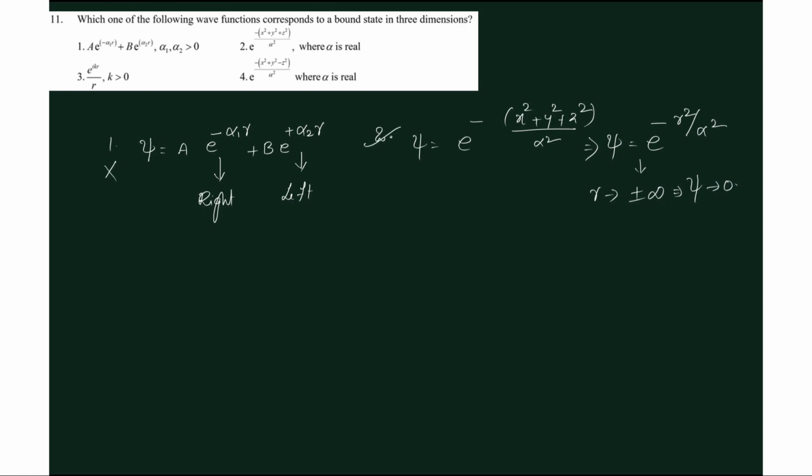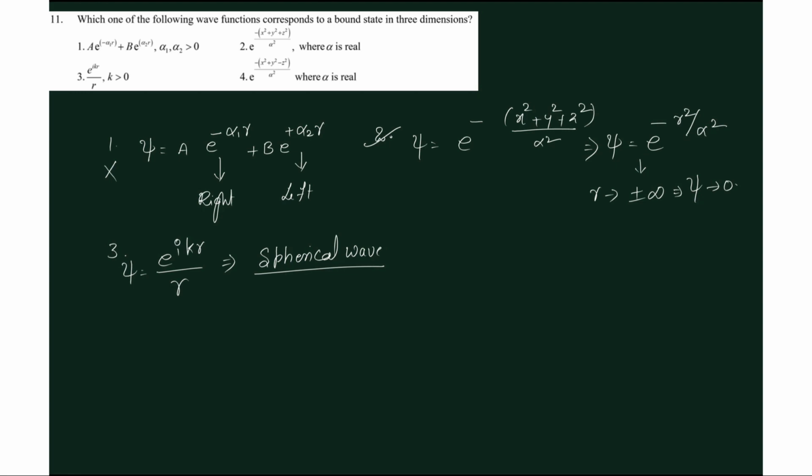Let us see the other options also. The third one is e raised to ikr by r. Remember, this is a spherical wave front, or spherical wave, which is undefined at r equal to 0.